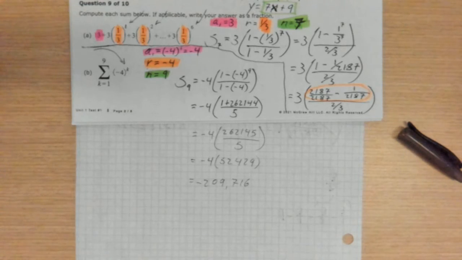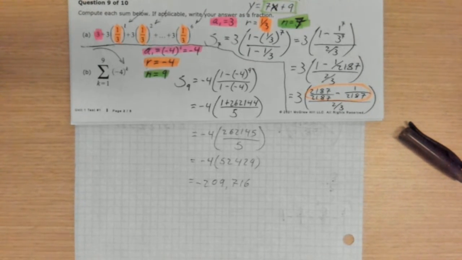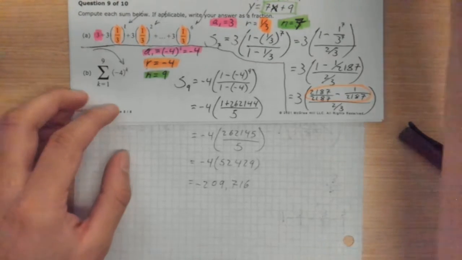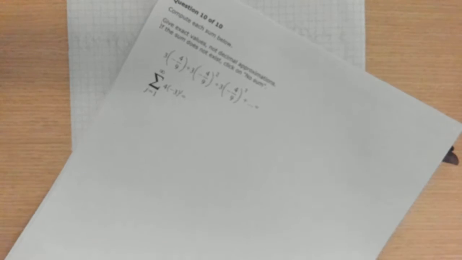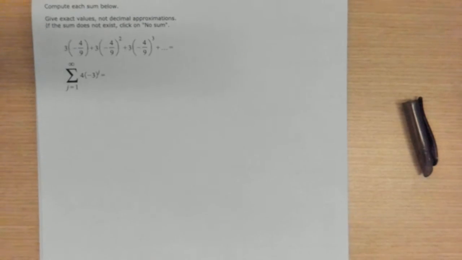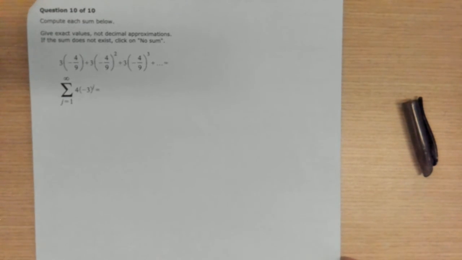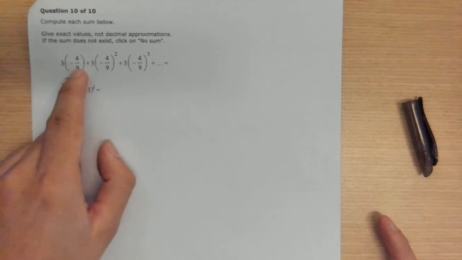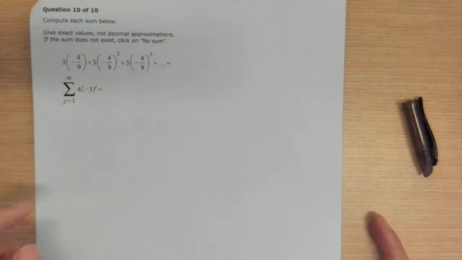So let's go on now to number 10. So here's 10. It doesn't give us 10A and 10B, but there's two problems, okay? So this is 10A and this is 10B.